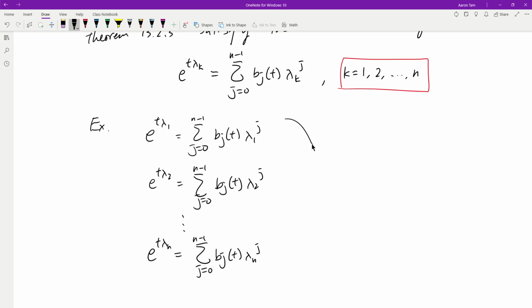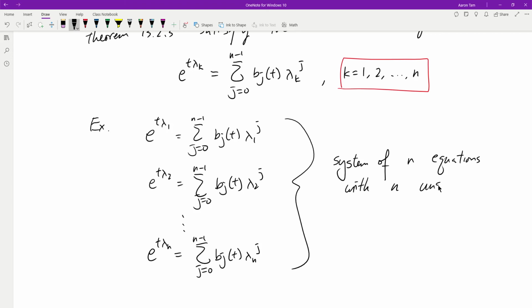Now, if you look at this right here, what we have is nothing more than a system of n equations with n unknown coefficient functions: b sub 1, b sub 2, dot dot dot to b sub n.